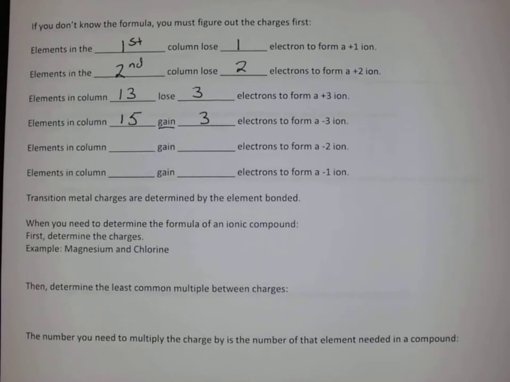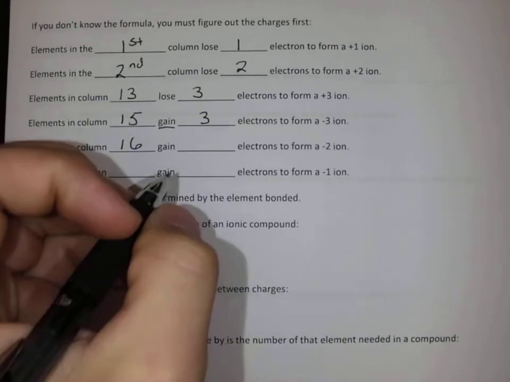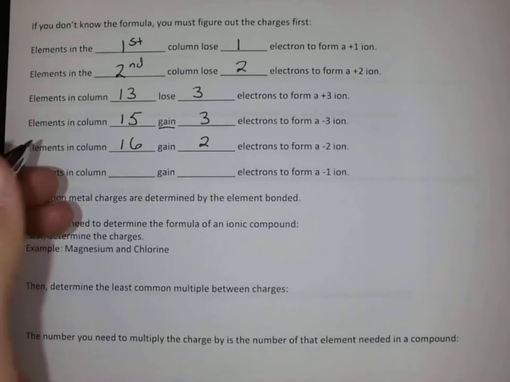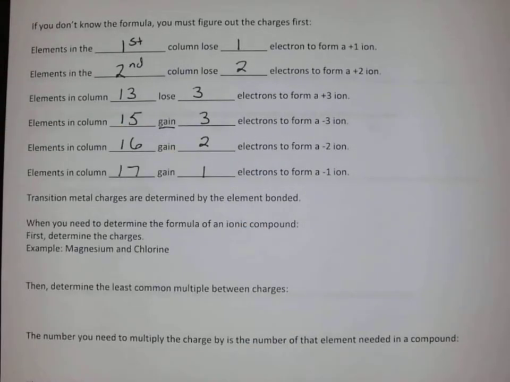If it gains 3 more, it becomes a -3 ion, and it has 8 valence electrons. Remember the octet rule there. So then column 16 is going to gain 2 electrons to form a -2 ion. And finally, column 17 is going to gain 1 electron to form a -1 ion.